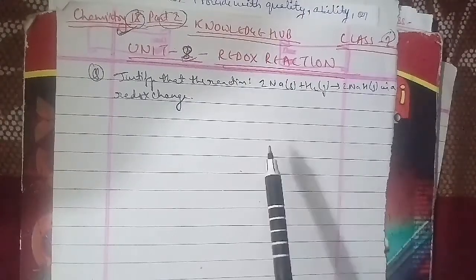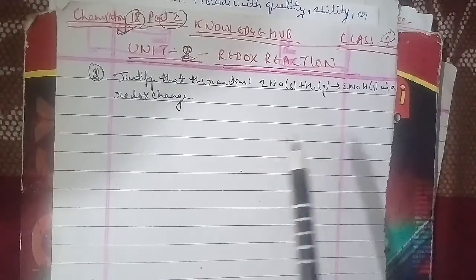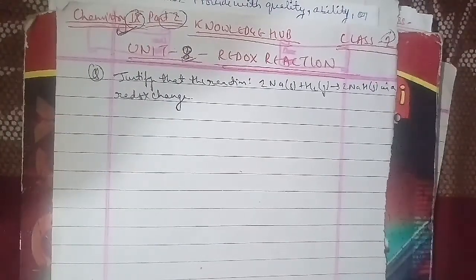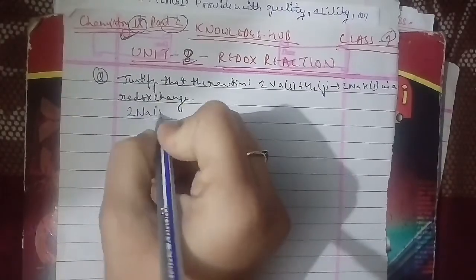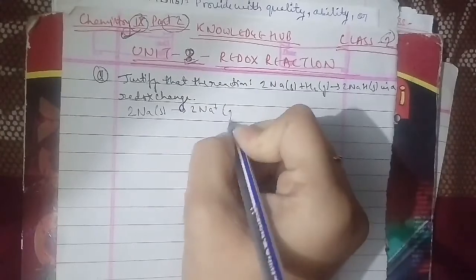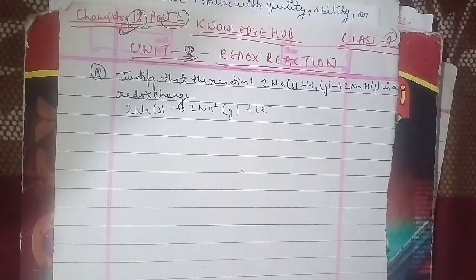This suggests two half reactions in this process. One is 2Na gives 2Na plus plus 2 electrons.